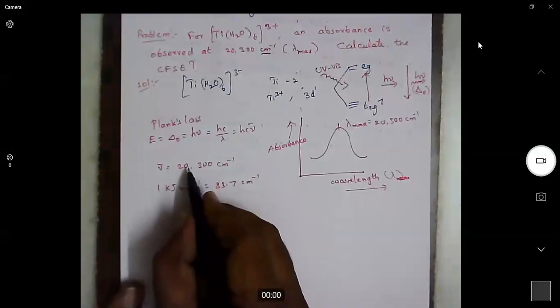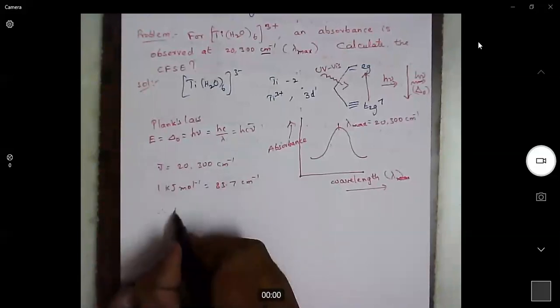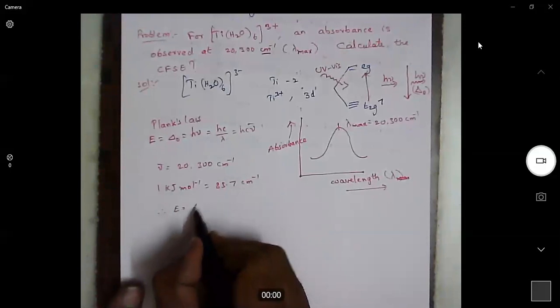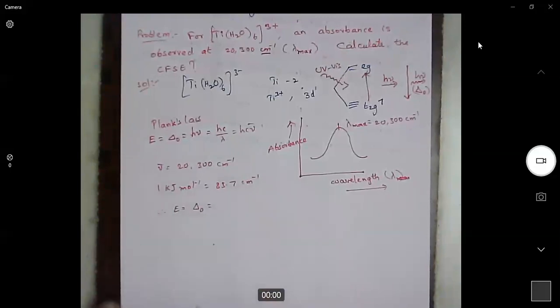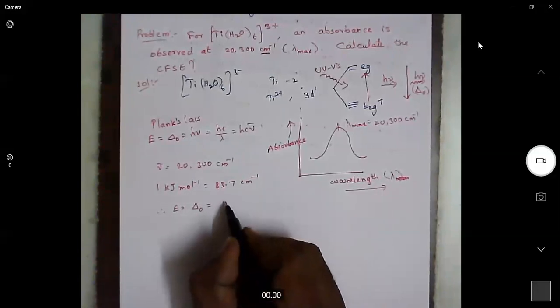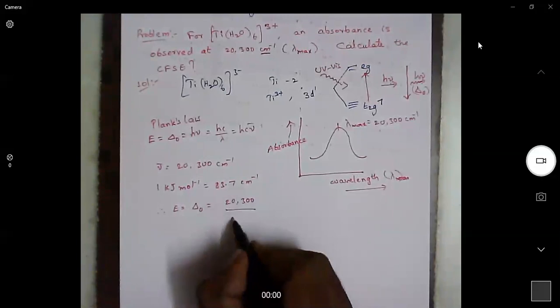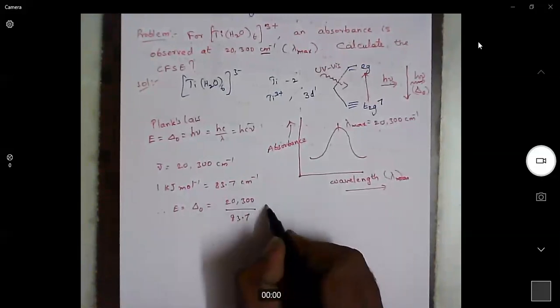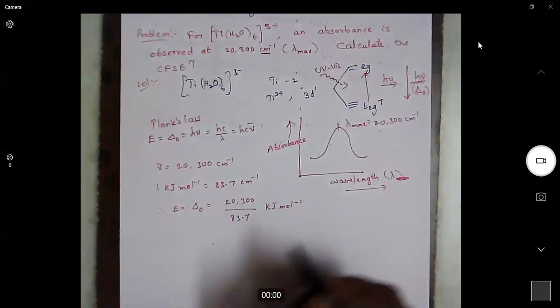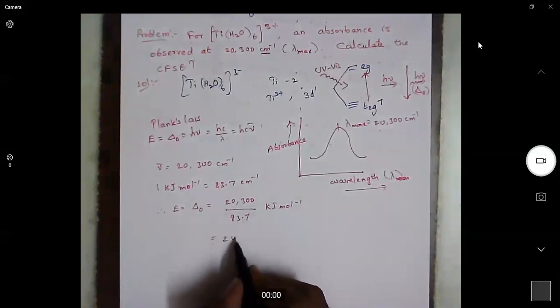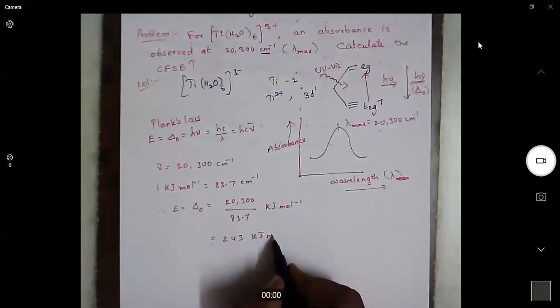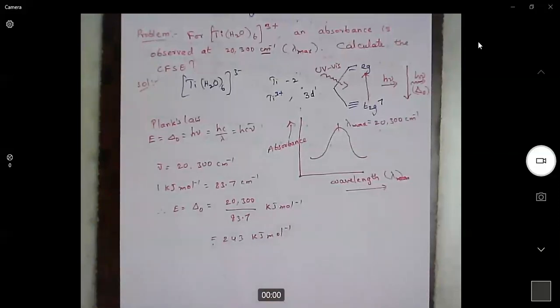Therefore, the energy difference between t2g and eg level, or delta naught, the energy band gap in the octahedral complex, is equal to 20,300 by 83.7 kilojoules per mole. When we calculate this, it will give 243 kilojoules per mole.